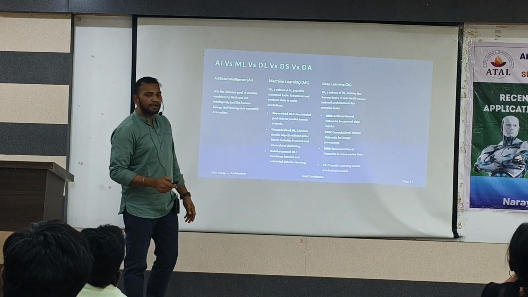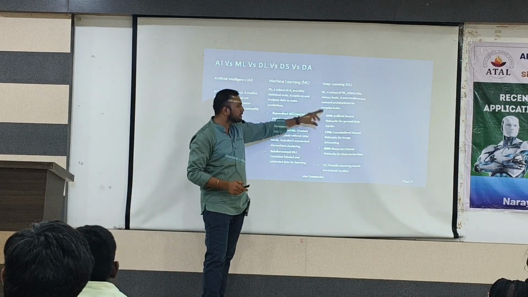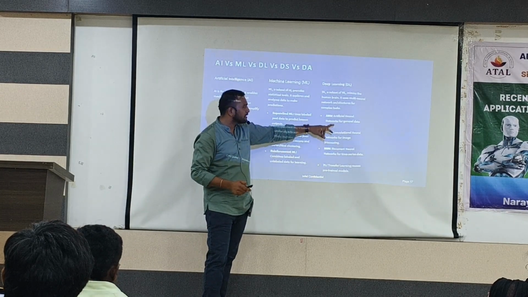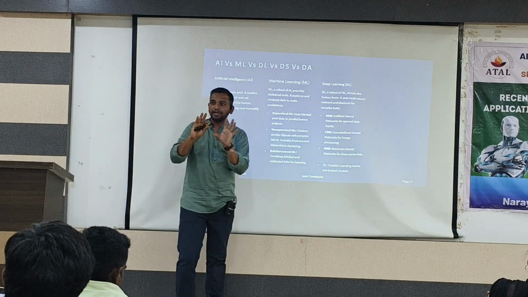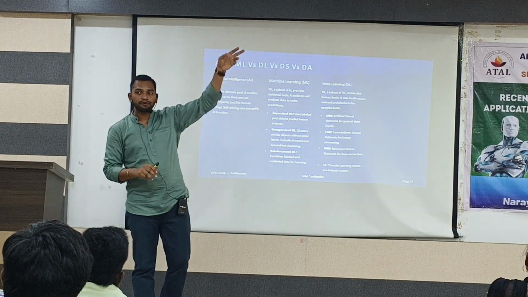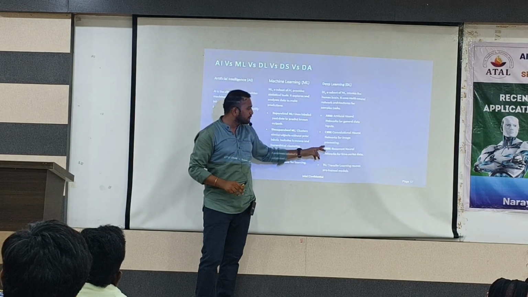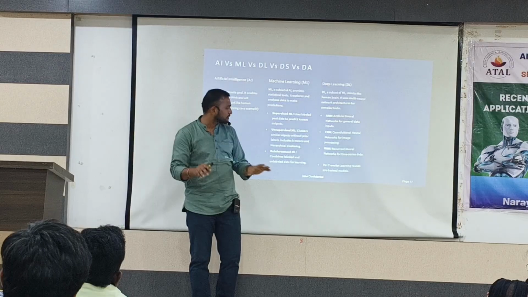Again, deep learning is divided into three things. Deep learning is like ANN, artificial neural networks, which deal mainly with data, like the GPT technology, transformers, as we have seen. Then CNN, convolutional neural networks, mainly for image processing.